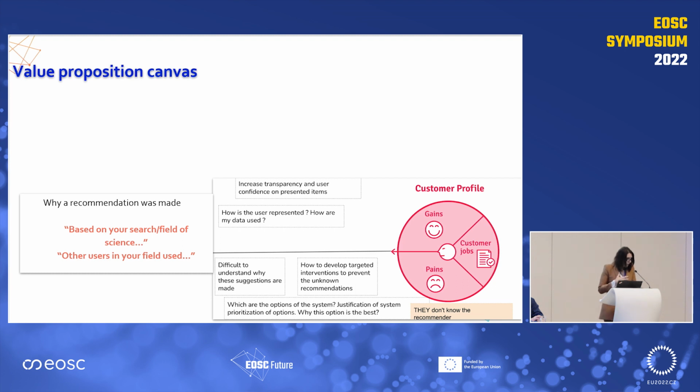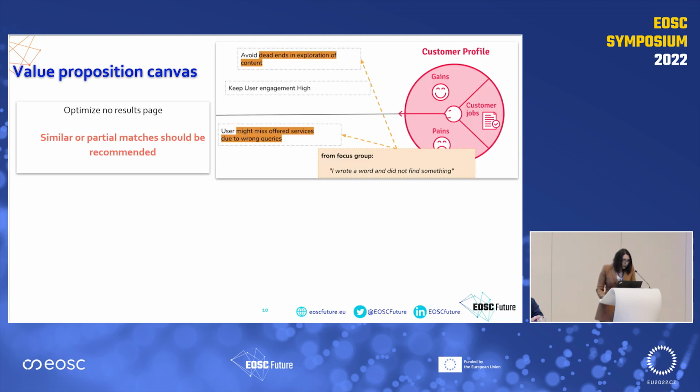The next one, why a recommendation was made. People were asking, why does this appear in front of me? And we have to explain that, you know, based on your search or based on your field of science or other users who use this resource, used another resource, etc. Optimize no results page.